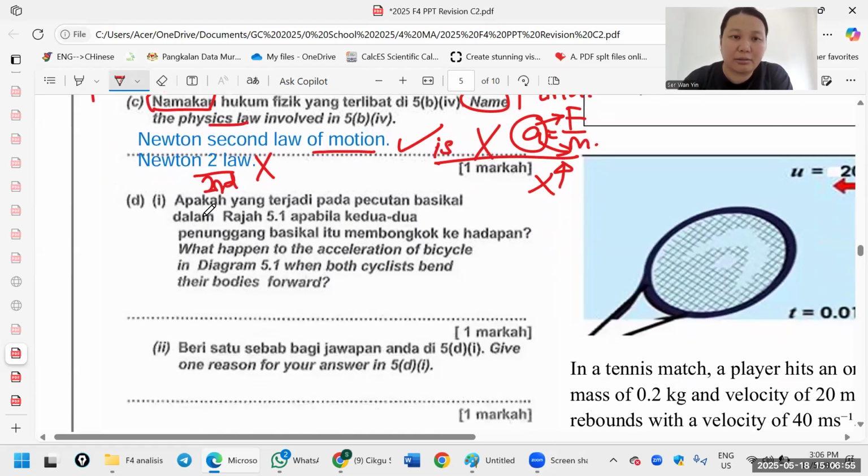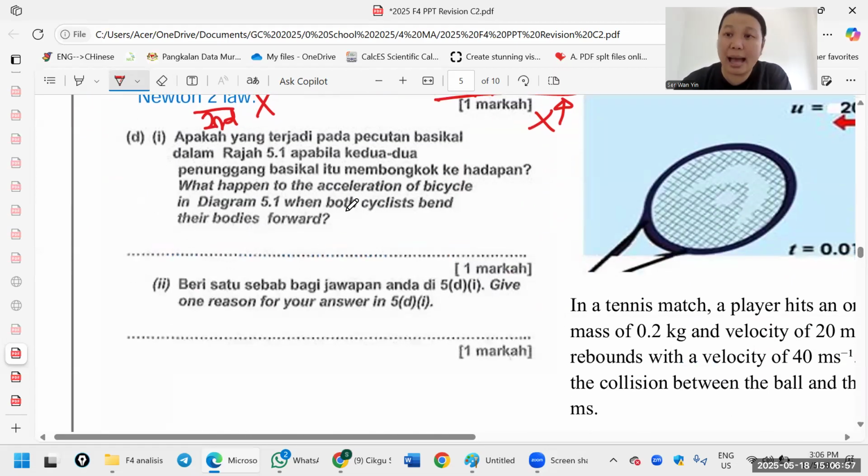Now next. What happened to the acceleration of the bicycle when both cyclists bend their bodies forward? If you have cycled before, I believe you have experience. Why do you bend your body when you run?